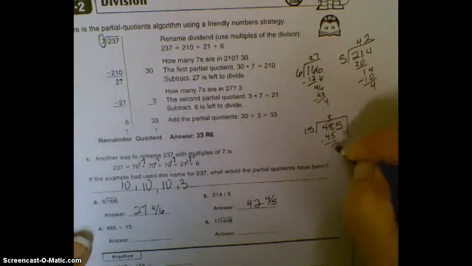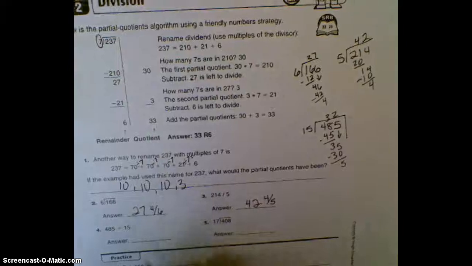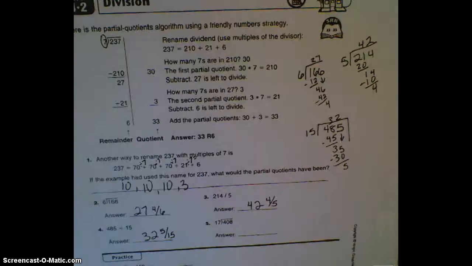And subtract and you get 3. Bring down your 5. 15 times 2 is 30. Subtract and you get 5. So 32 and 5/15, or 32 remainder 5, or you could even write 32 and 1/3 on that one.